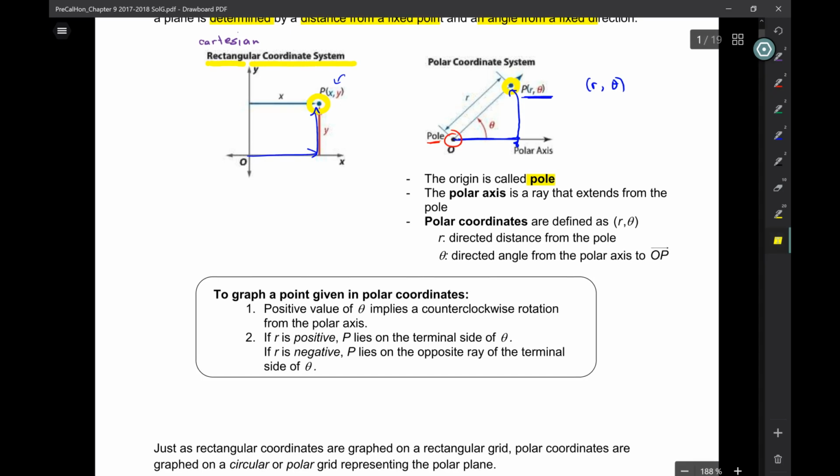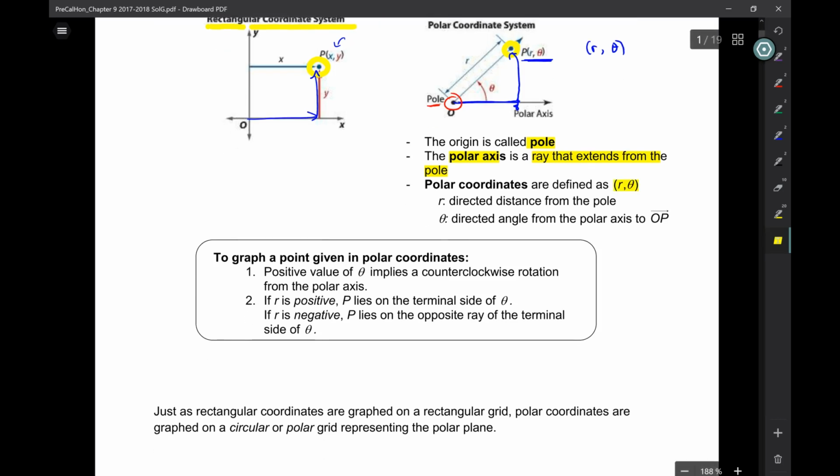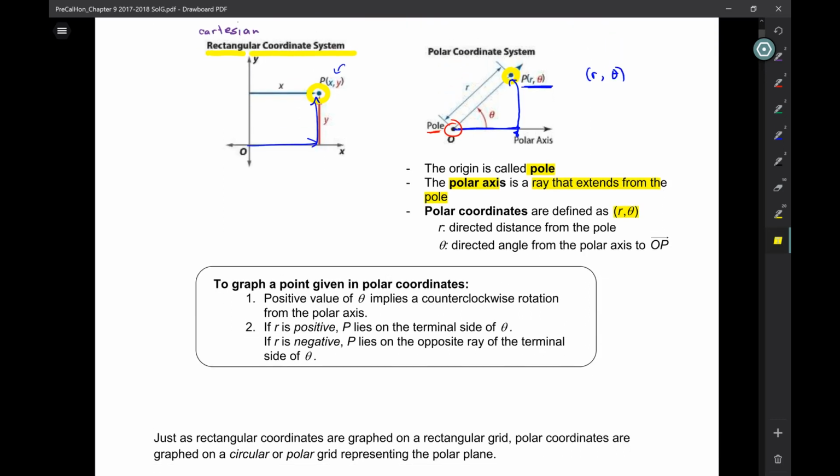The polar axis is a ray that extends horizontally from the pole, this way. Polar coordinates are defined as r, theta, like we said before. Again, r is the distance from the pole, and theta is the angle from the polar axis to your point.